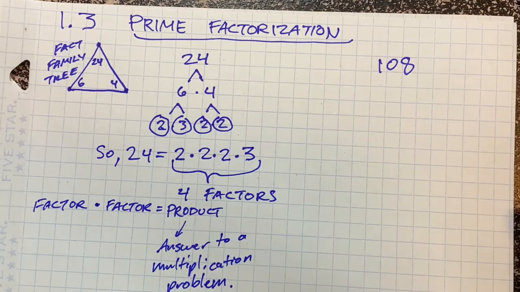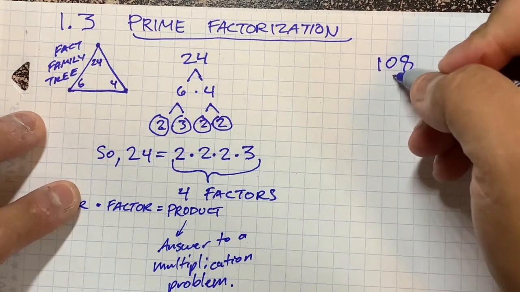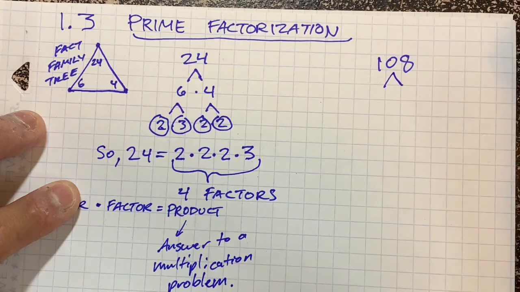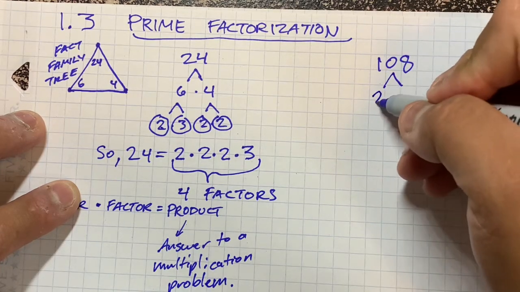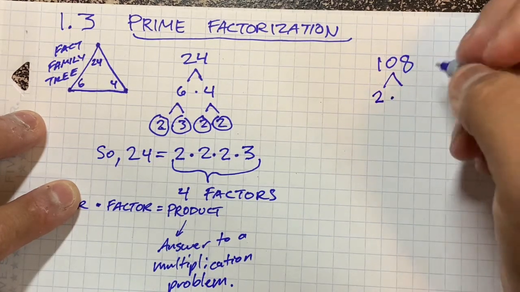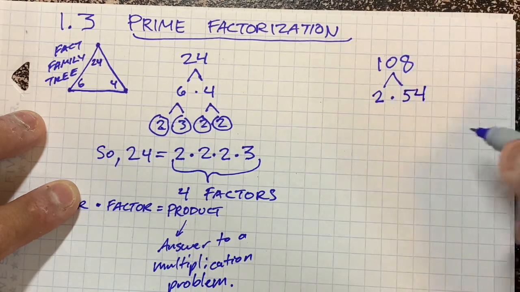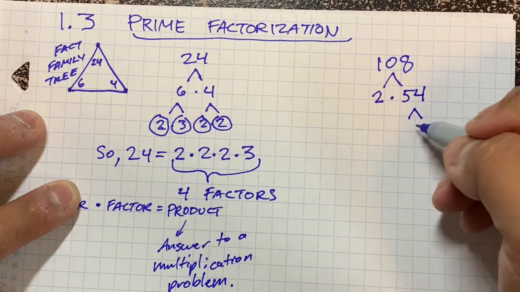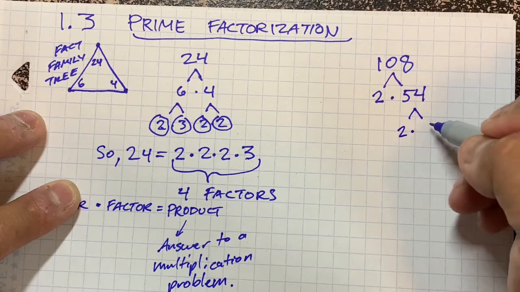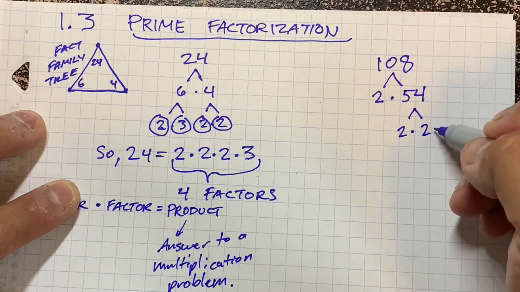This time we're going to start with 108. So if we were to divide 108 into 2 parts, then 2 times 54 would be 108. If we break down 54 into 2 parts, half of 54 would be 27.